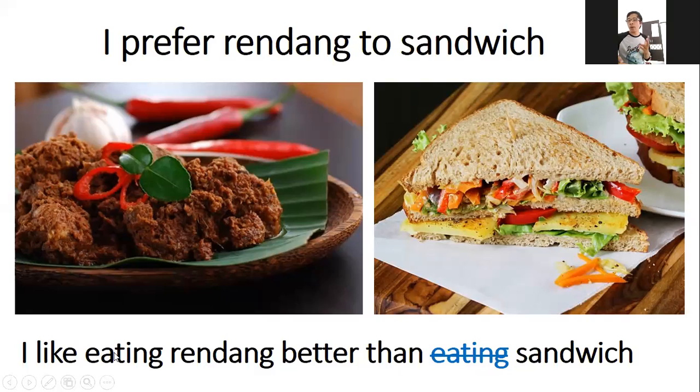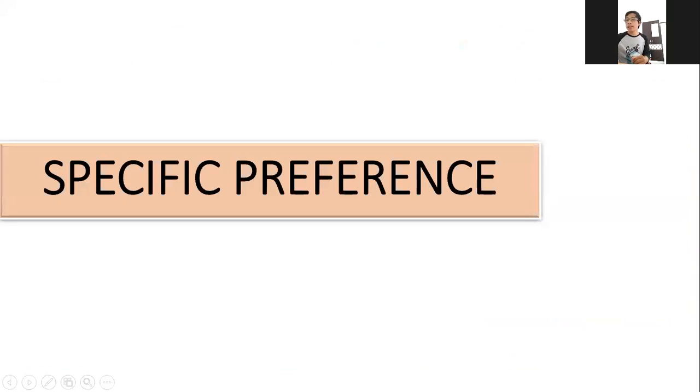Or I prefer rendang to sandwich, for example. If that word is the same, you try to erase it and put it in one part only, like eating. You don't have to repeat eating. And that is general preferences.